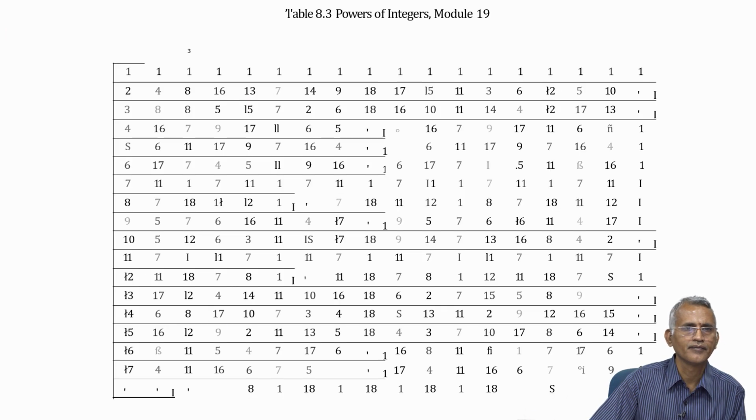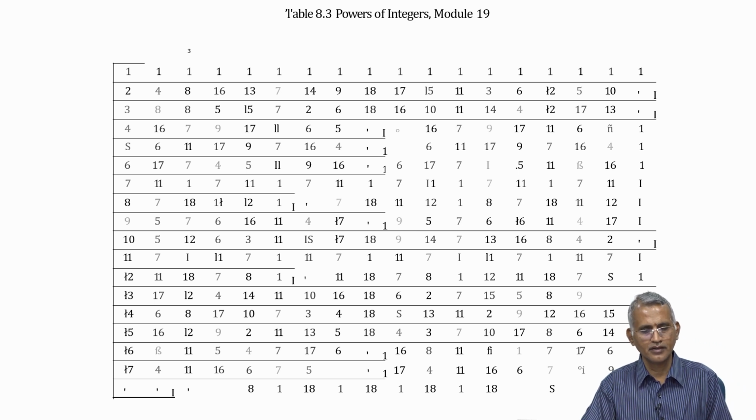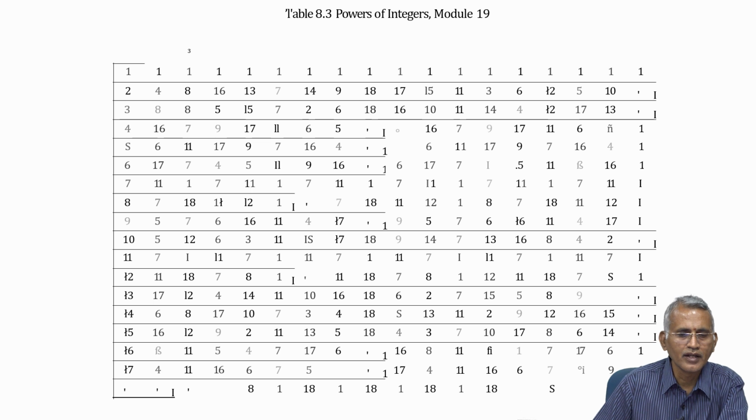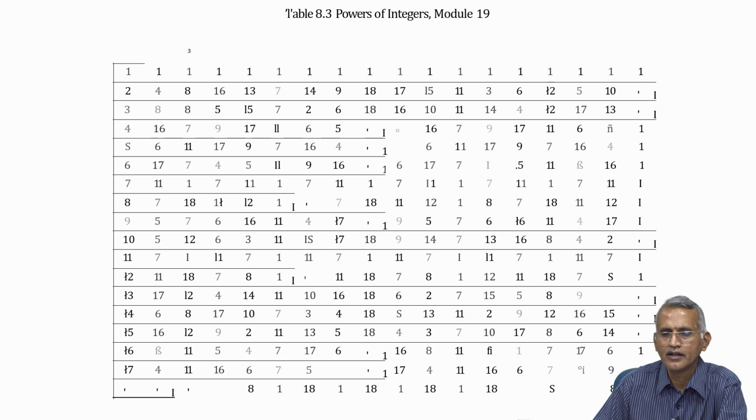This is the way we can find the powers of an integer under modulo 19, and we have a table, and then we express the corresponding powers: 2, 4, 8, 16, and once again it starts cyclically 13, 7, 14, 9, 18, 17, 15, 11, 3, 6, 12, 5, 10 like that.